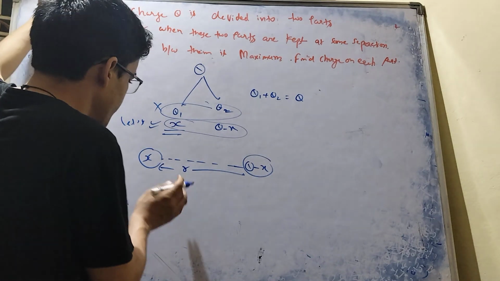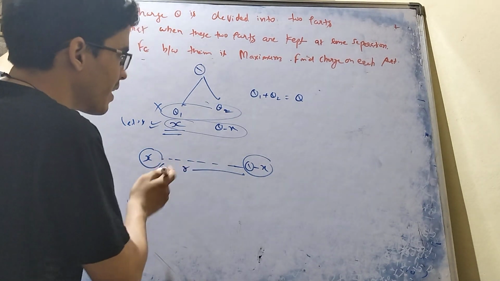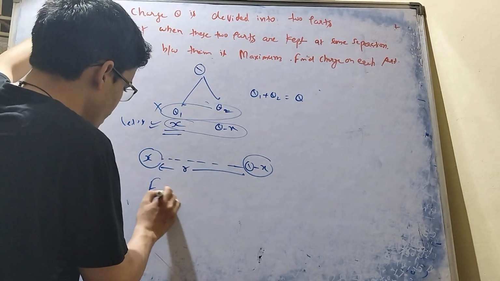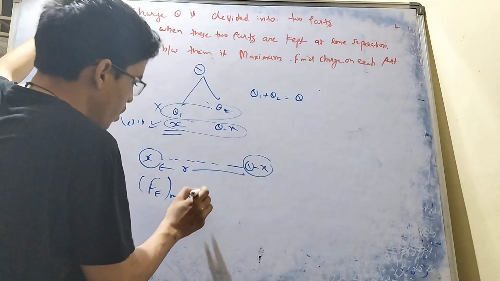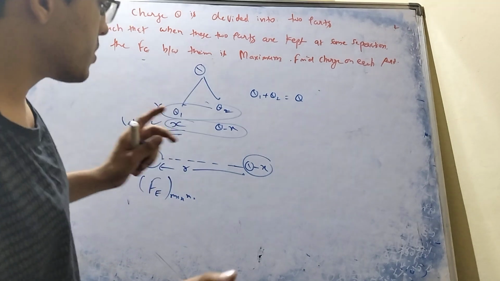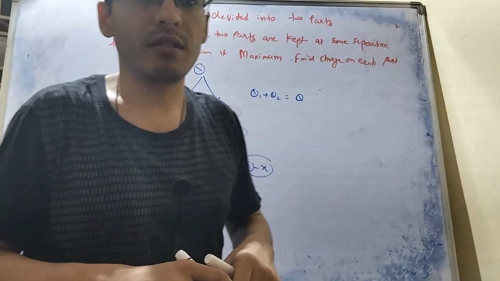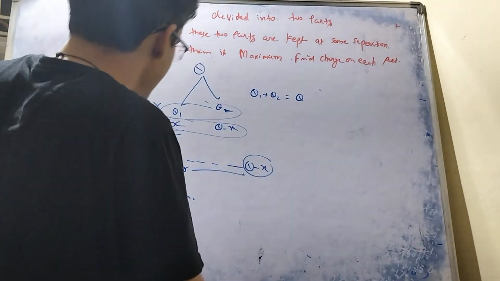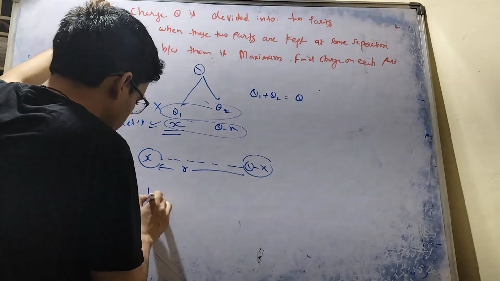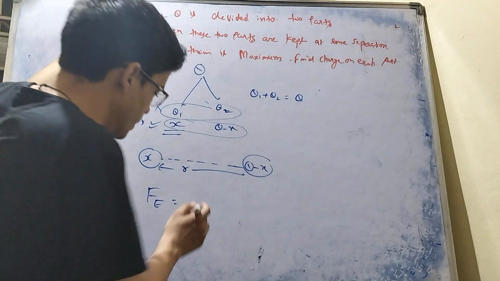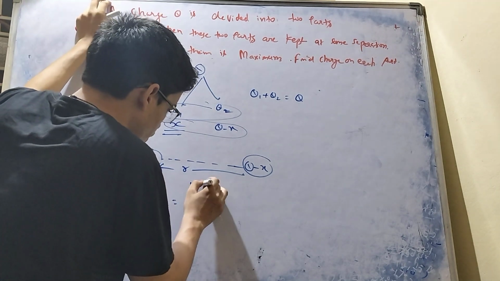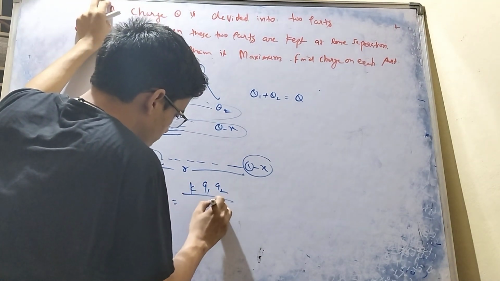Okay, so if I want to put that charges, I will get here Fe maximum. Correct. You know, in mathematics, for maximum and minima, first we have to differentiate with respect to the variable. Simply, tell me what is electric force first. Electric force will be K Q1 Q2 by R square.